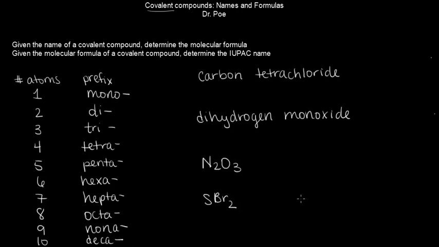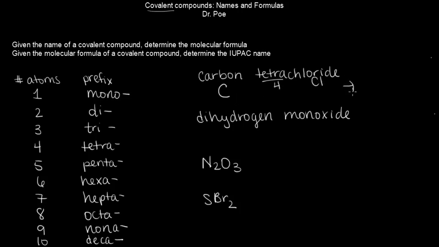Okay, so now looking at this, deriving the formulas is ridiculously easy because we remember the rules for naming. If there's only 1 in the first word, we can drop the mono because obviously there has to be 1 if the atom is there. So here, carbon tetrachloride, we know that there's at least 1 carbon, and we know that there are 4 Cl's.